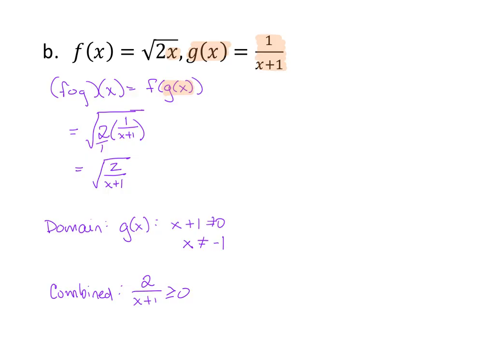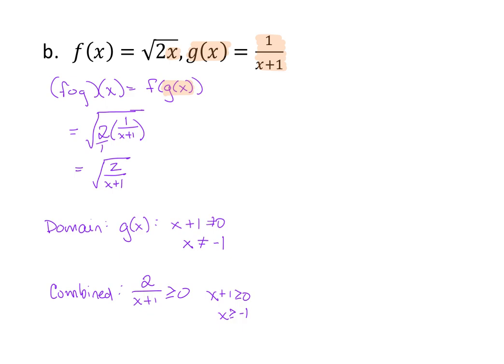For this, we really only care about the denominator. So if we set the denominator greater than or equal to 0, we get x is greater than or equal to -1.